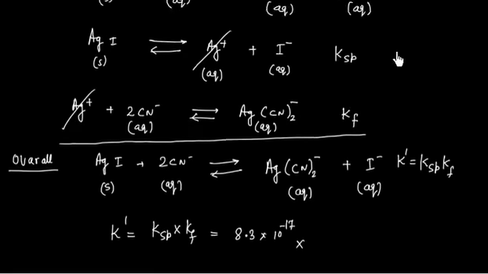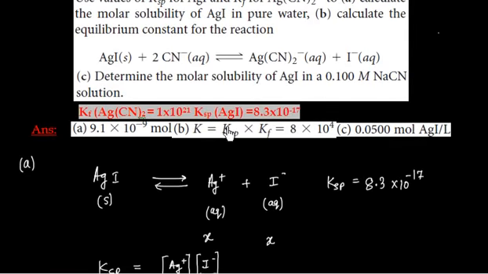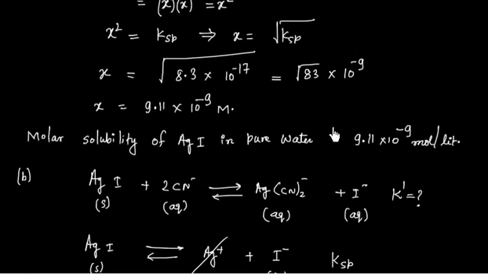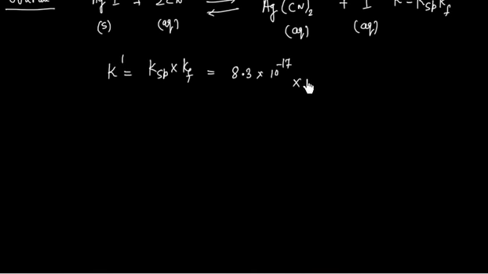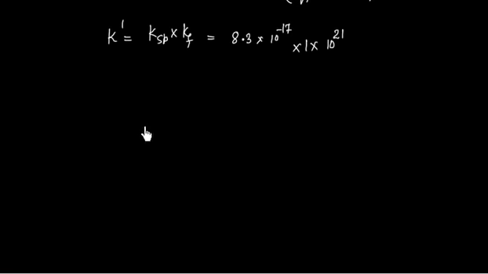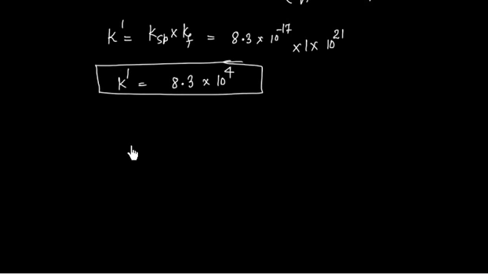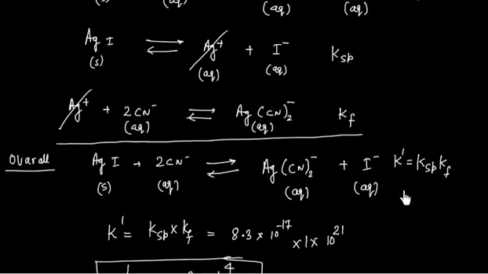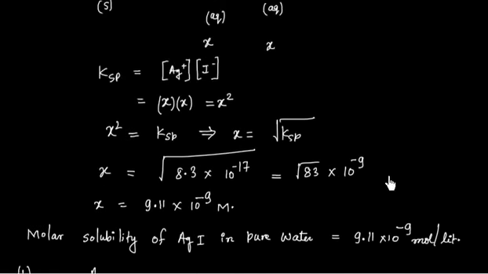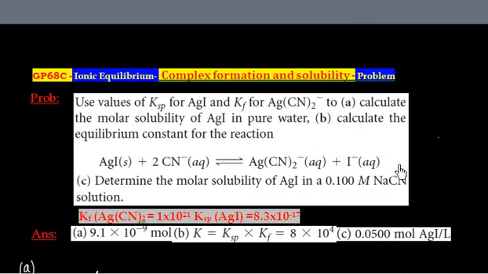Similarly, Kf is also given. Kf is 1 into 10 to the power 21. So K dash for this reaction will be 8.3 into 10 to the power 4. So this equation will have an equilibrium constant of 8.3 into 10 to the power 4.